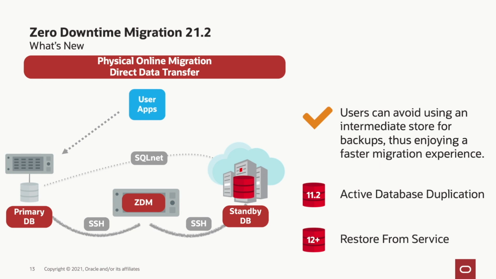That means that if you want, you can avoid using that intermediate store being the object store when you're migrating to OCI or NFS or the recovery appliance when you're migrating to Exadata or Exadata Cloud at Customer, and then have a faster migration experience. The way this would work is that for databases that are 11.2, ZDM will do active database duplication, and for databases that are 12 or newer, we'll have a restore from service.